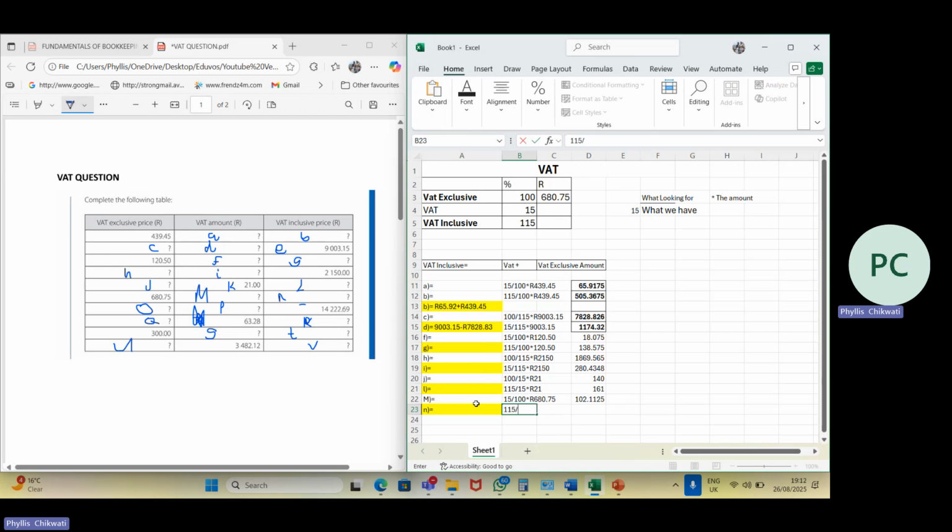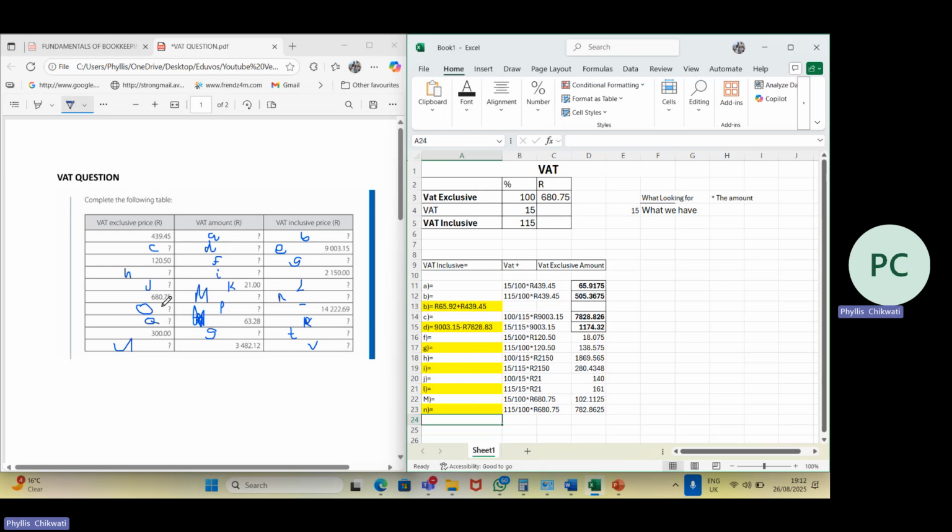We divide that with our base, that is our 100 times 680.75. How much do we get when we simplify this? Let's see how much is the VAT inclusive amount. So it gives us 782.86.